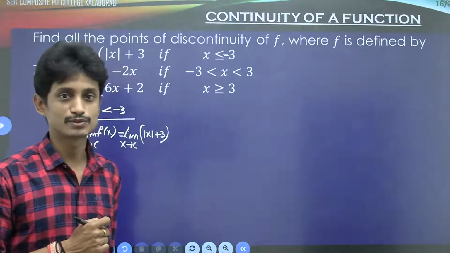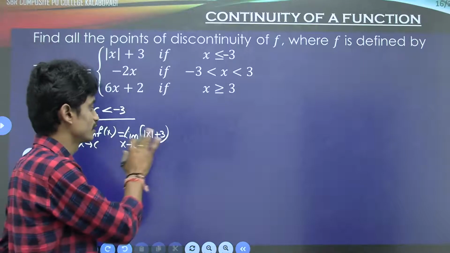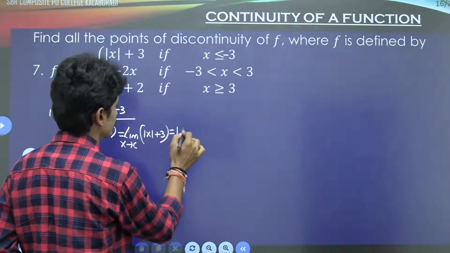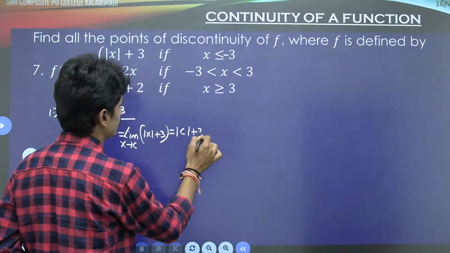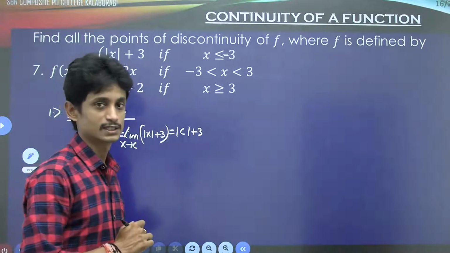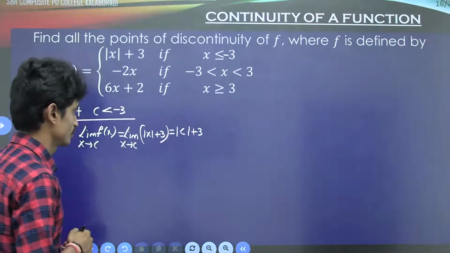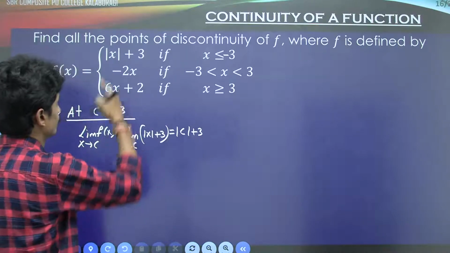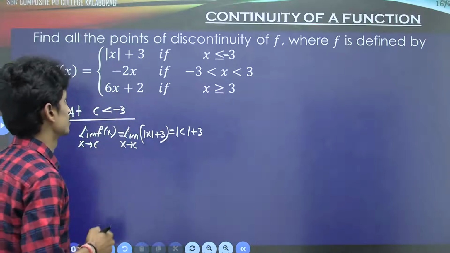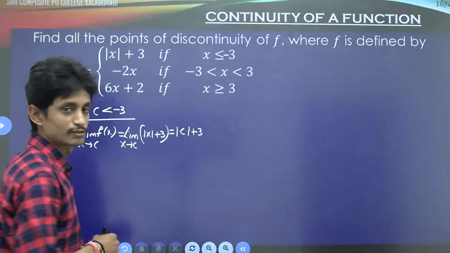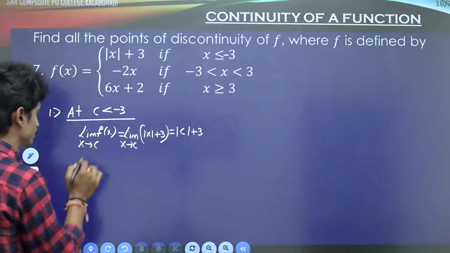No, it's not possible. We know that it is continuous everywhere. So directly we can substitute, that is modulus of c plus 3. Clear? So now this is our required result. Either modulus of c we can write as minus c, since for x less than 0, minus of minus will be plus. Like that also we can write it.